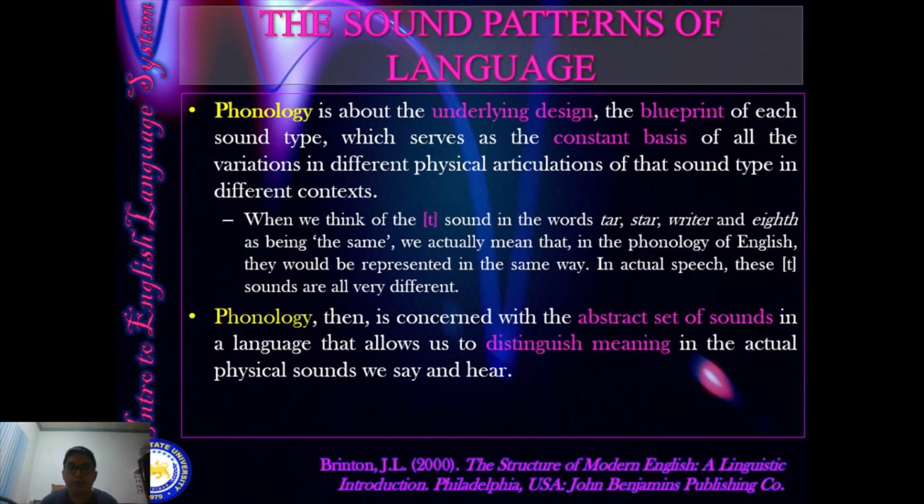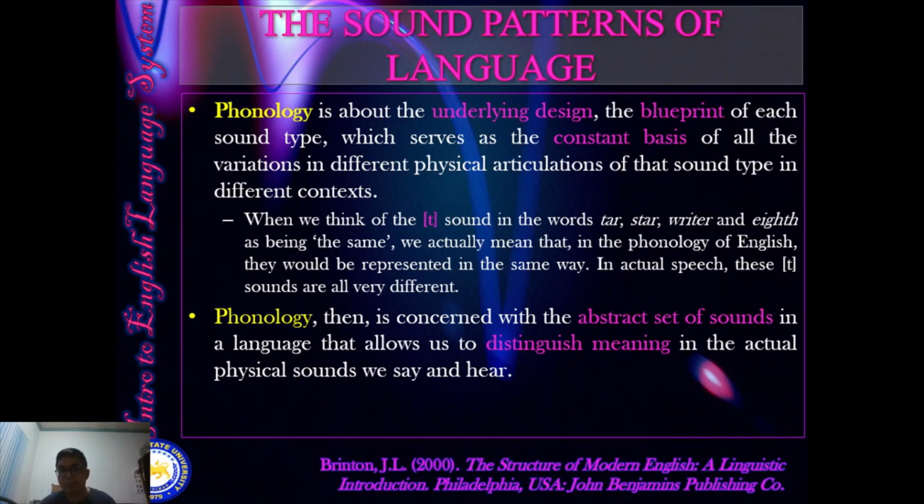When we think of the T sound in the words tar, star, rider, and eighth as being the same, we actually mean that in the phonology of English, they would be represented in the same way. But in actual speech, class, these T sounds are very different. Let me repeat that again. Tar, star, rider, eighth.